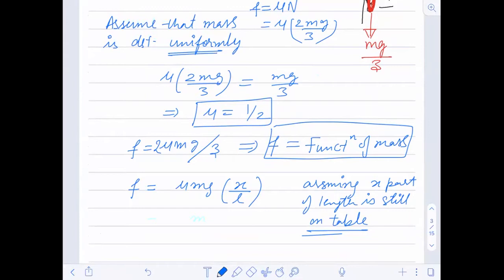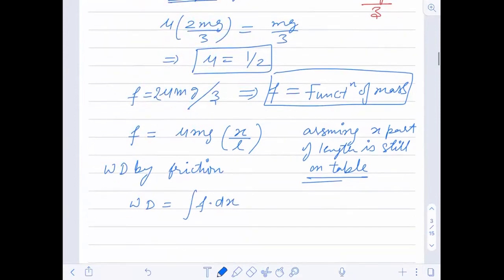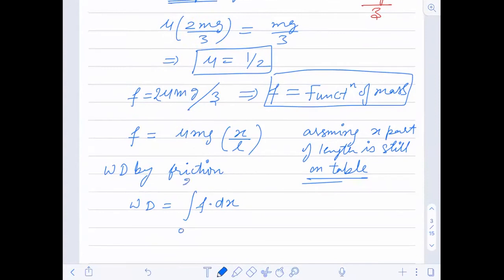Now I have to find out the work done by the frictional force. Work done will be equal to the integral of F dot dx, and I will integrate this from 0 to 2L by 3.